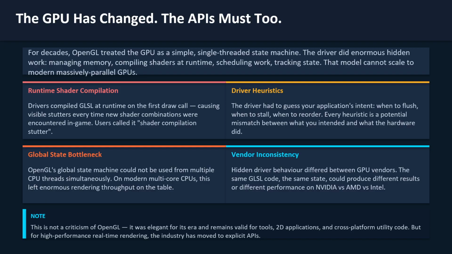This is the OpenGL model, which is an old model, and it's not very scalable. One of the biggest problems that we will see is shader stutter. What is shader stutter? One of the big issues that these older APIs deal with is runtime shader compilation.